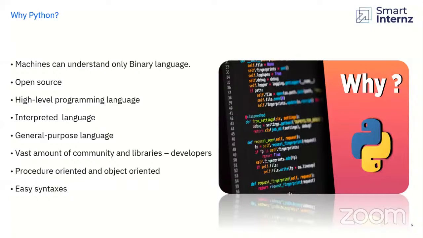It can be both procedure oriented and object oriented. It is an interpreted language, and it has a very vast community and libraries that we can use, and it has very easy syntax.